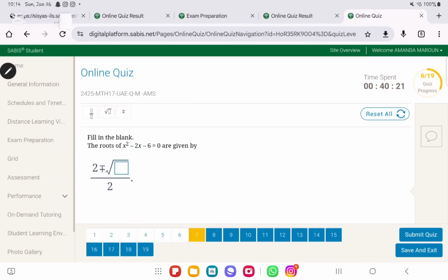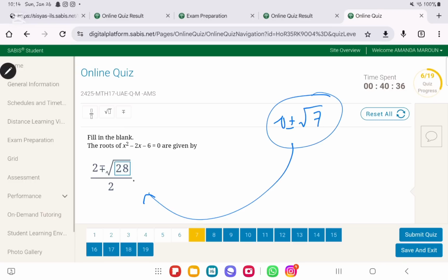That means this over here is 28. Now, if you were to do mod 5, 3, and you put for a 1, for b minus 2, and for c minus 6, you would get 1 plus or minus a radical 7. Now, this is not the same as this. What they did here is they didn't simplify it because they knew you were going to use the calculator and you were going to get a different answer, the simplified form of the answer.